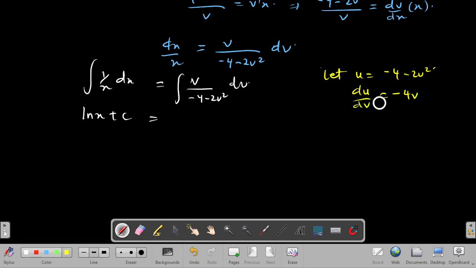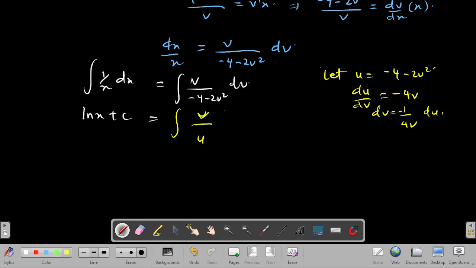Wherever I see dv, I'll change it. So dv is simply equal to du over negative 4v, that is, negative 1 over 4v du. Therefore, I'll come and change the subject here. So the integral of v over this, which is now no more this but u, so I've represented everything with u.